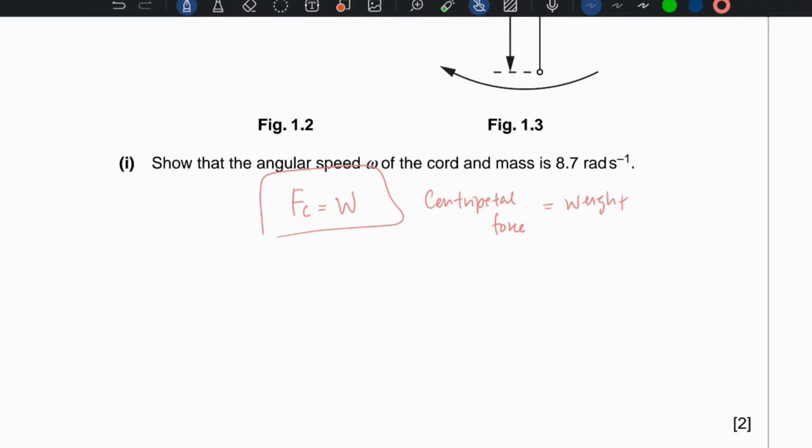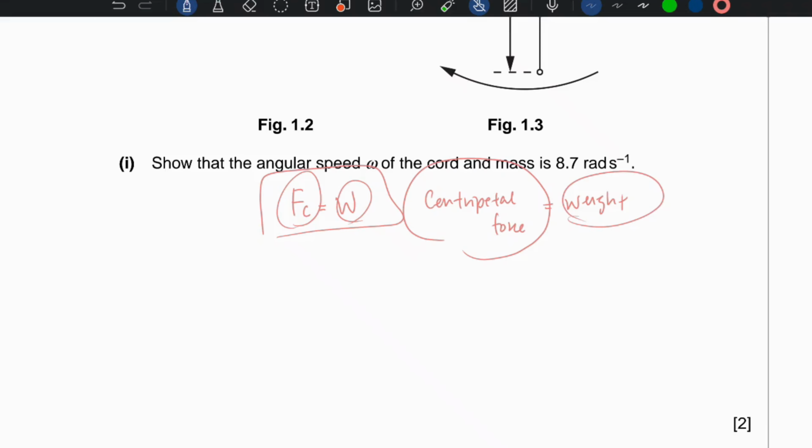Because the examiner doesn't know what you mean by FC and W, assuming they don't know anything. Some people don't write centripetal force as FC, they just write it as F. So different people have different ways of writing. The examiner might not know what you mean, so it's best to write the full form, centripetal force and weight.